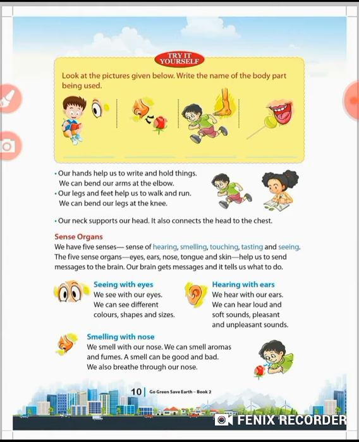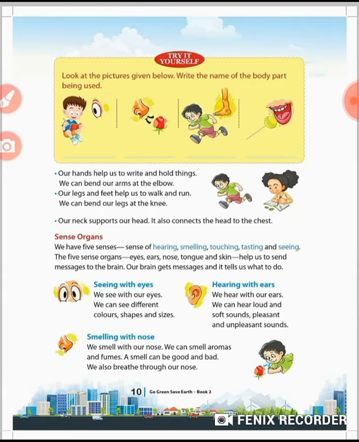You are right. Legs help us to run and walk. Can you identify the last picture? Yes, it is tongue. Tongue helps us to taste the things. Very good.